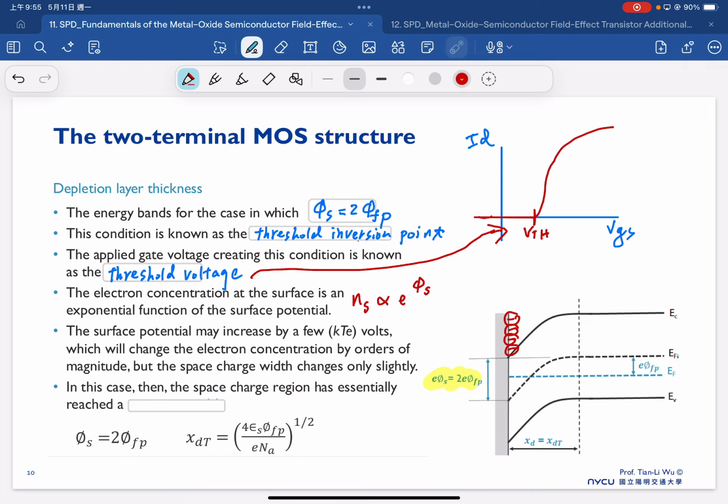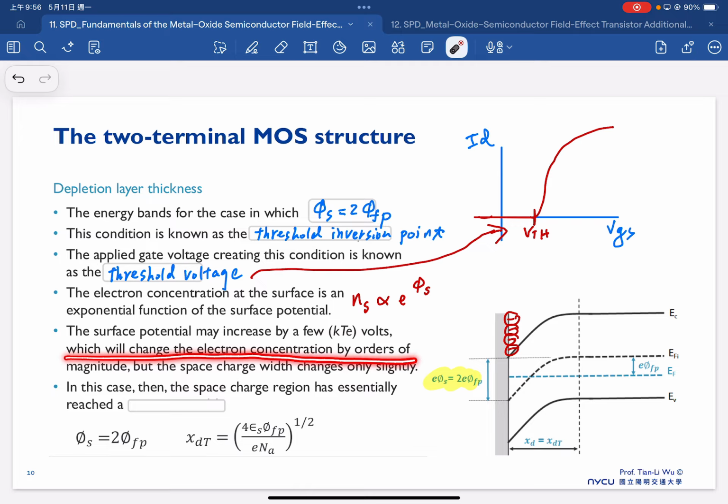That's why we can see the dramatic increase of current here. The surface potential may increase by a few kT volts, but this will change the electron concentration by orders of magnitude, while the space charge width changes only slightly.